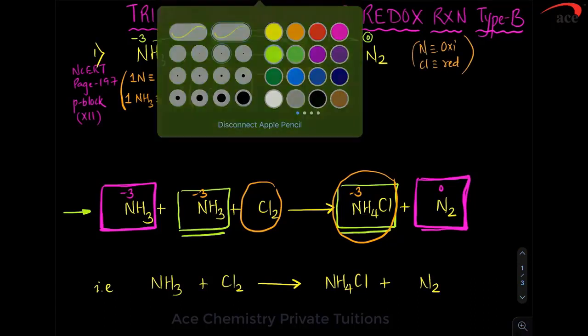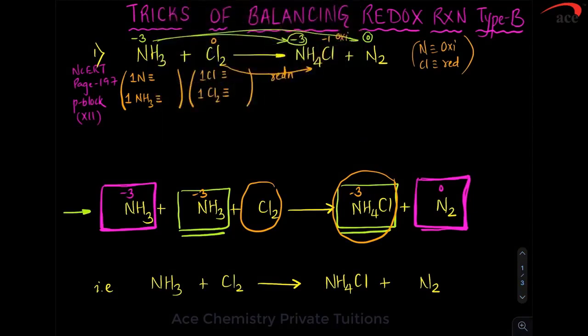If you write down the oxidation states and the changes, nitrogen goes from -3 to 0. So the change is by 3 for 1 nitrogen. We are looking at ammonia, which has only 1 nitrogen, so the change is 3 only. Chlorine goes from 0 to -1, so the change is by 1 for 1 chlorine.